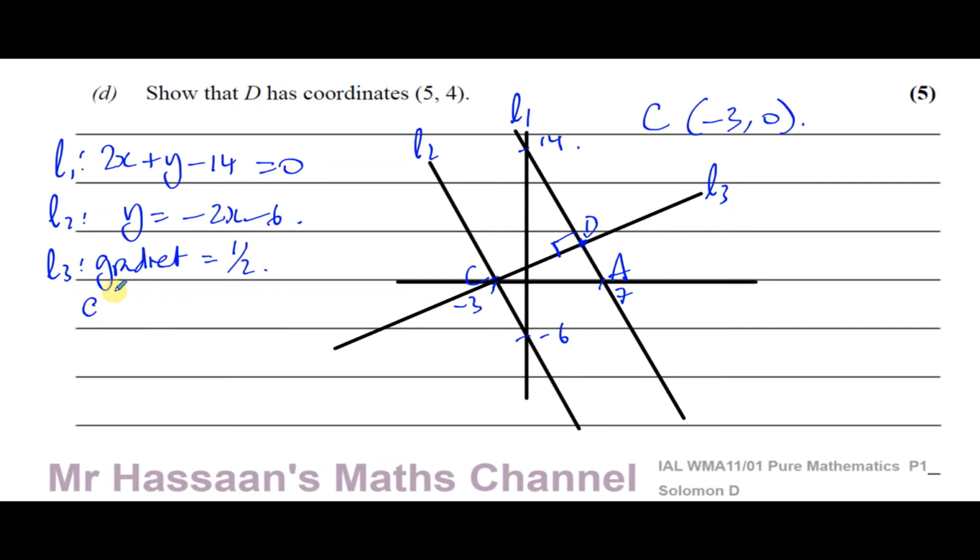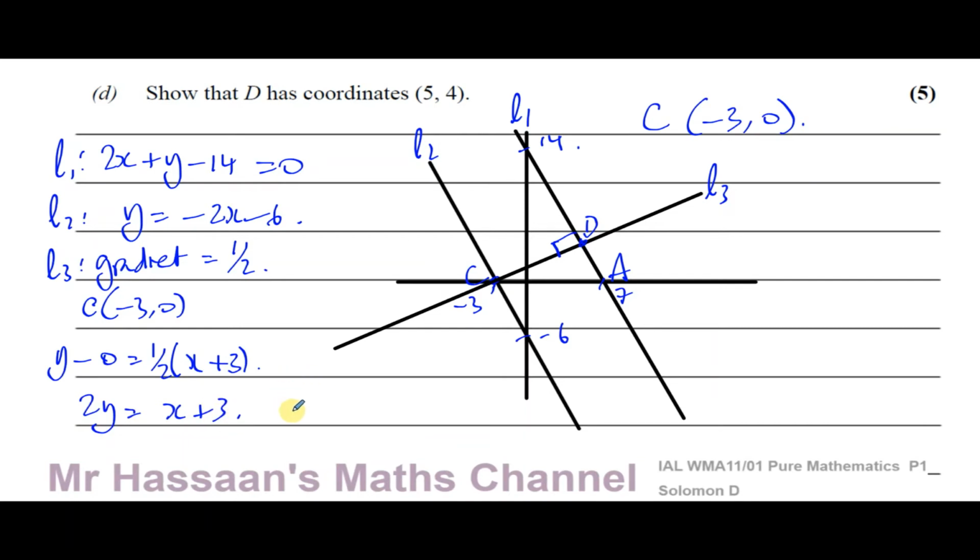So we can easily find the equation of line 3. So you have y minus y1, which is 0, equals a half times x minus x1, which is x minus -2, which is x plus 3. So we end up with 2y equals x plus 3. Okay, so that's the equation of line 3.